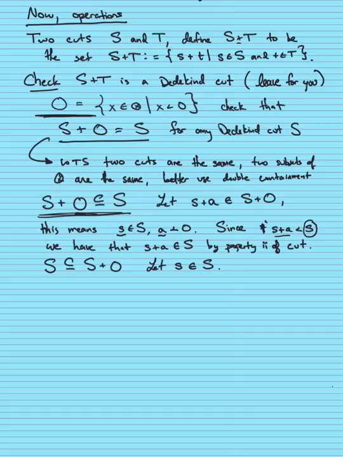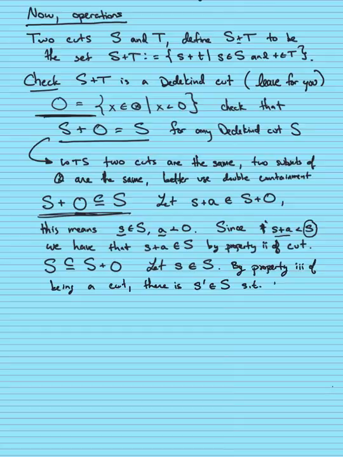But by property 3 of being a cut, there is an s prime in S so that s is less than s prime. So we're using the fact that we can always find a larger element of the set S.